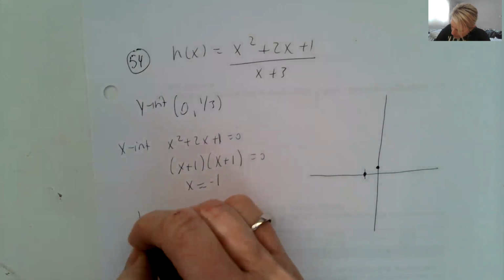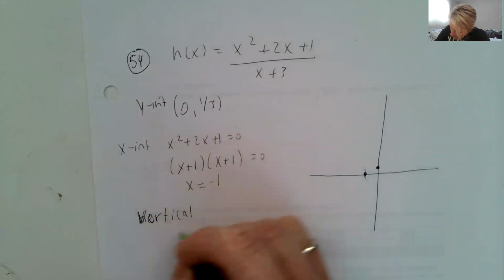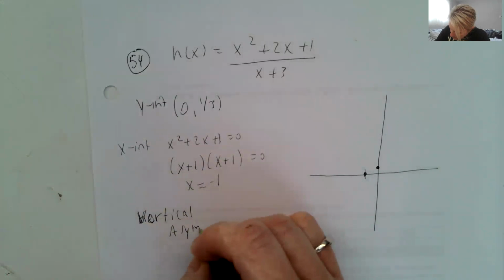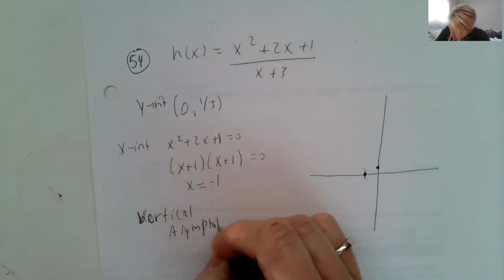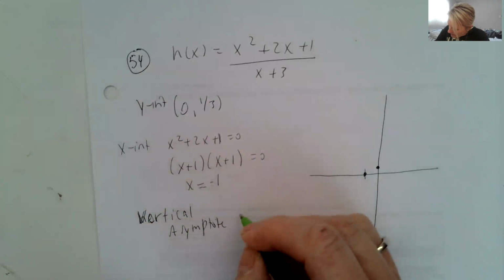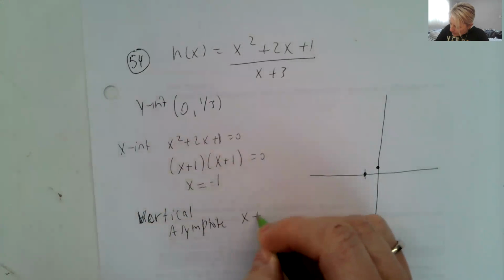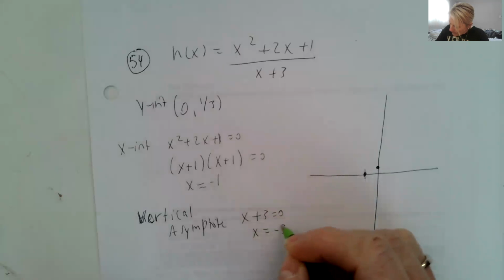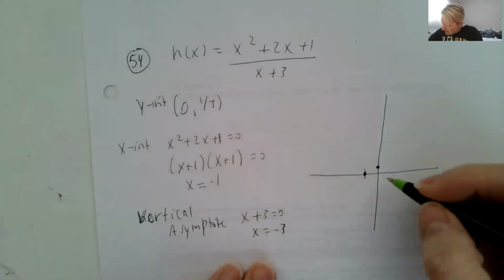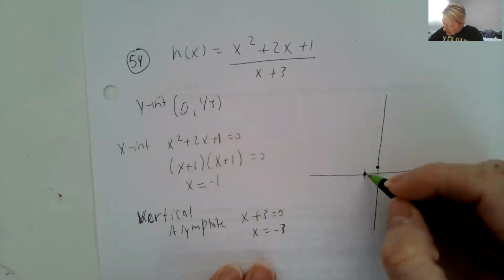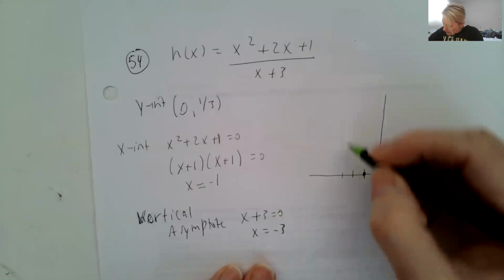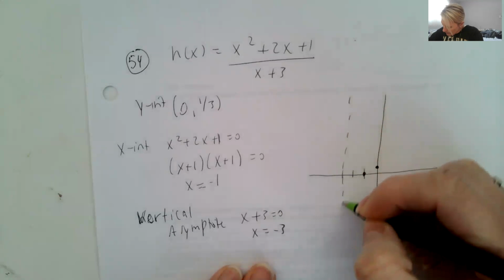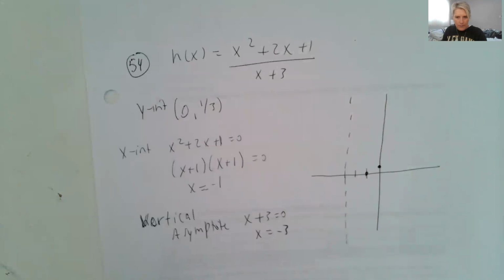Okay, so do we have a horizontal, or let's look at the vertical asymptote. And that is where x plus 3 equals 0. So there's an x equal to -3. So we have, this is at -1, so -2, -3. So we have this vertical asymptote, okay.